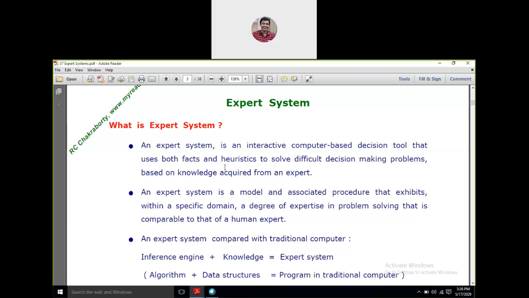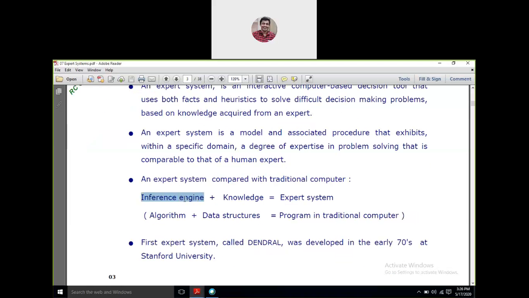Believe it or not, but expert system is the first ever practical application of AI and the first ever decision making tool by use of rules and inference knowledge, right? So in a nutshell, you can just see it here, an inference engine plus a knowledge base is an expert system.